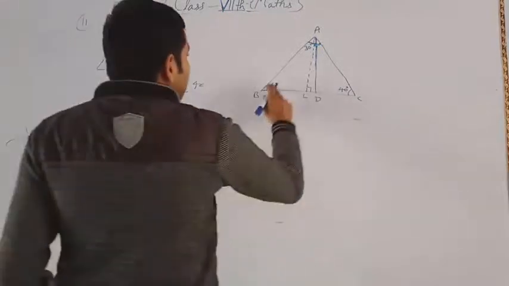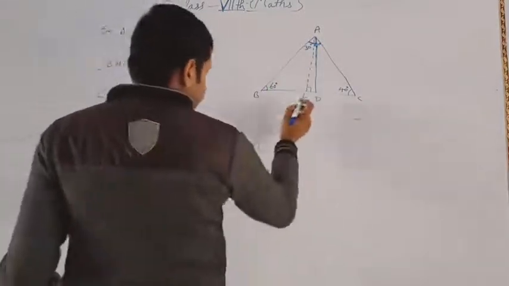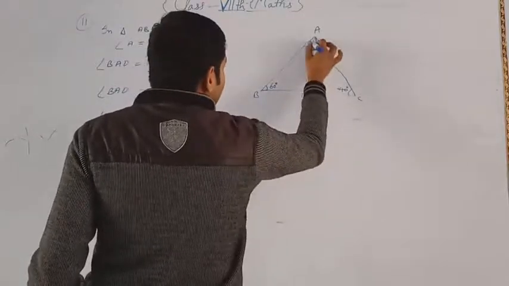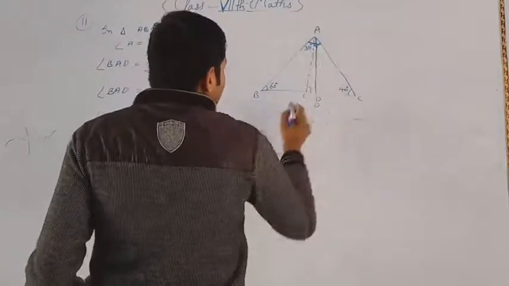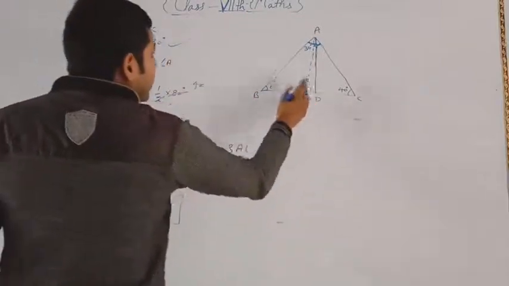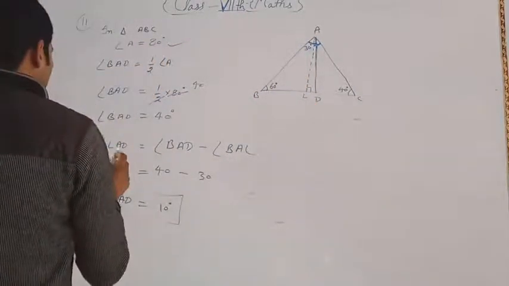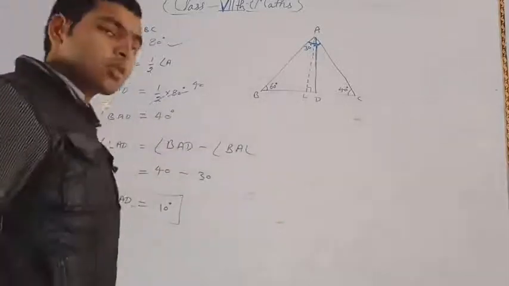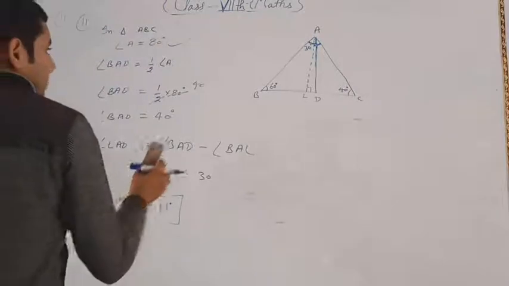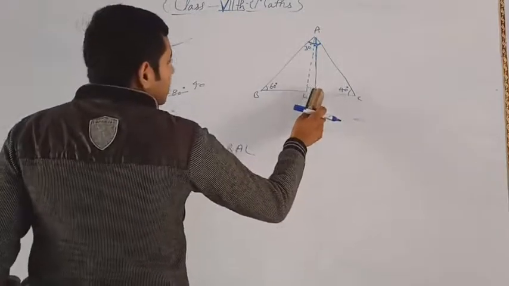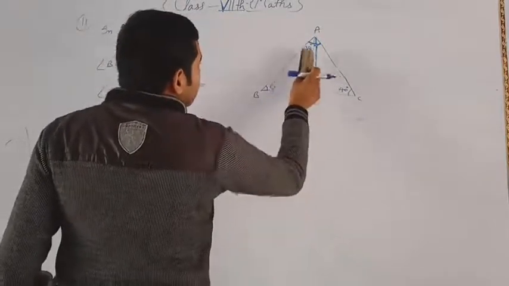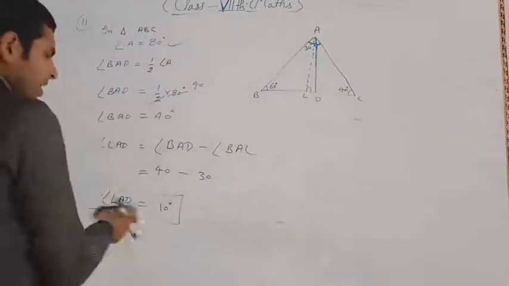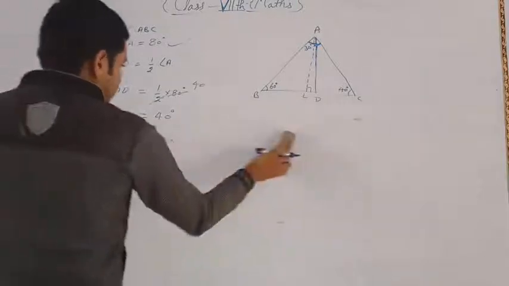Also in this triangle, 60 degrees, 30 degrees, 10 degrees, and 40 degrees, and angle BDA is not given, but if given and you add these, it also becomes 180 degrees. 60 plus 30 plus 10 plus 80 is 180 degrees.